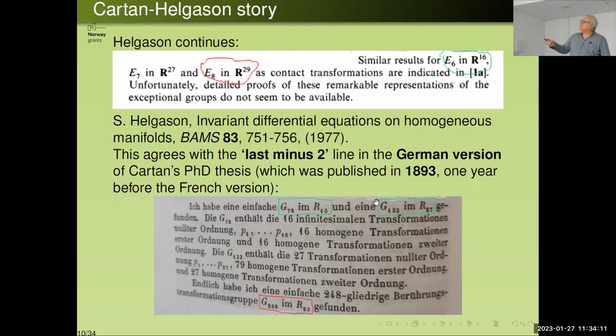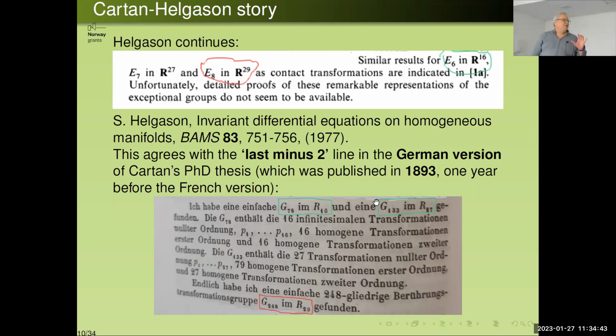So at this time, PhD students had to write two theses in two different languages. Anyhow, I just compared this very recently with the German version, and I don't know German, but I just look at the very end, at the last three sentences. So the sentence n-2 says precisely what Helgason says. Then in particular, we have E6 in dimension 16, E7 in dimension 27, and finally E8 in dimension 29.